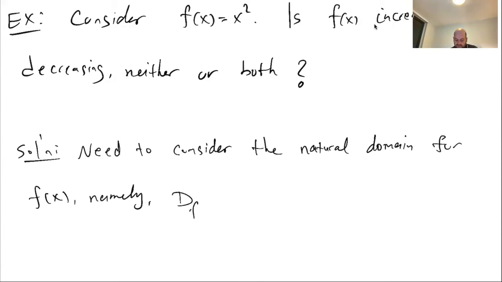Domain of f equals all real numbers or minus infinity to infinity. The natural domain for polynomials is always all real numbers. Okay, so the domain of this function, or the largest possible domain, or natural domain is all real numbers. Now, on the set of all real numbers, is this function increasing, or decreasing, or both increasing and decreasing, or neither increasing nor decreasing?